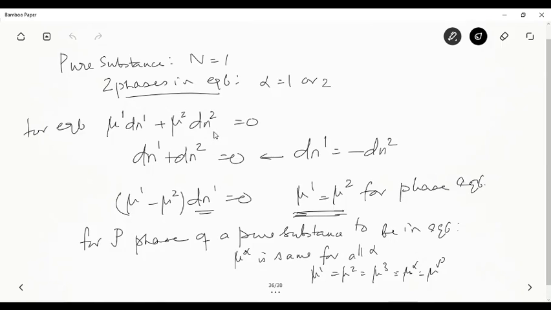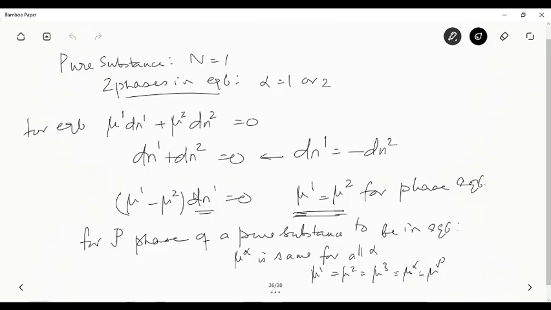In addition, since the number of moles of the substance is not changing, but there is only a phase change that might happen, dn of phase 1 plus dn of phase 2 add up to 0, because dn itself is 0, because n is constant, the number of moles is constant. So if I substitute dn_1 equal to minus dn_2 into this expression, I'll get (mu_1 minus mu_2) dn_1 is equal to 0.